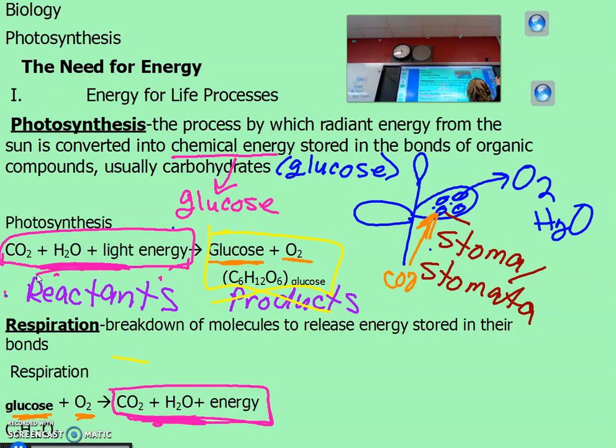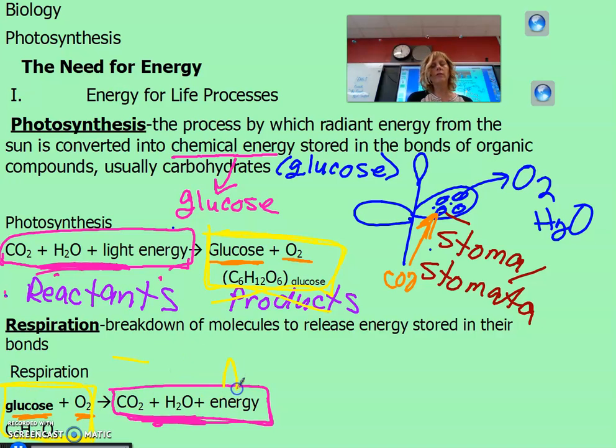And the products of photosynthesis are what gets used up as reactants in cellular respiration. For plants, it's because that's the stuff they made in photosynthesis, but for us, it's because we ate the things that get broken down and eventually combined into energy.